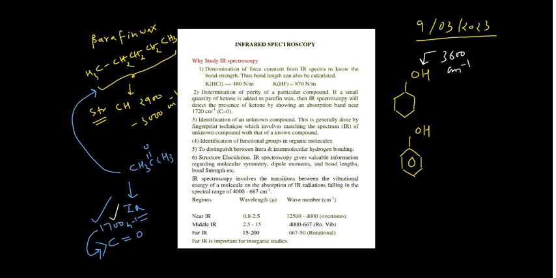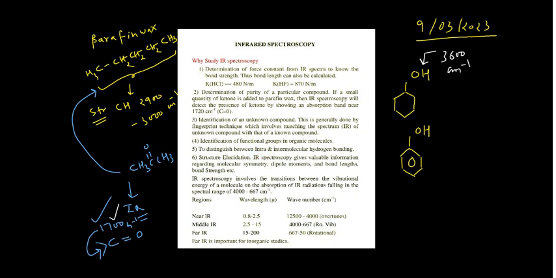For the time being, remember this point: intramolecular hydrogen bonding is not affected by dilution. That means if you have intramolecular hydrogen bonding in the molecule and you dilute the sample, the intramolecular hydrogen bonding will not change and your IR spectrum would remain the same on dilution.